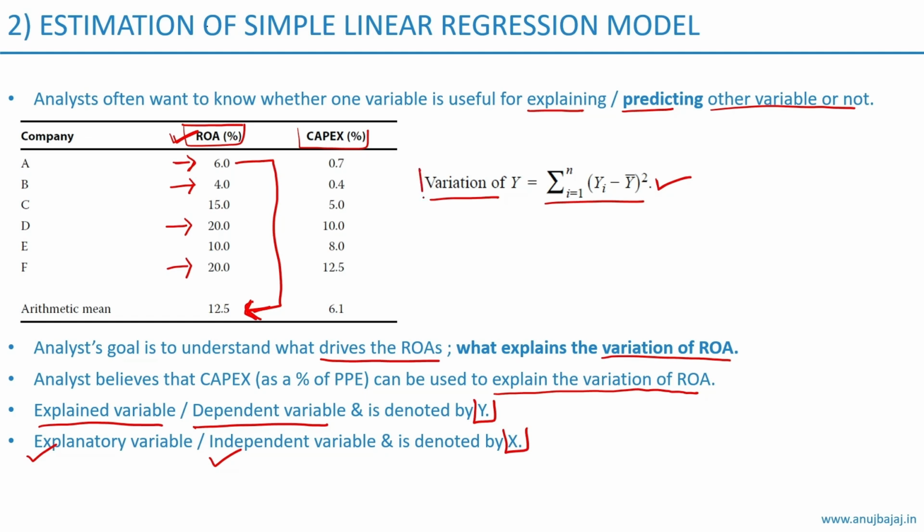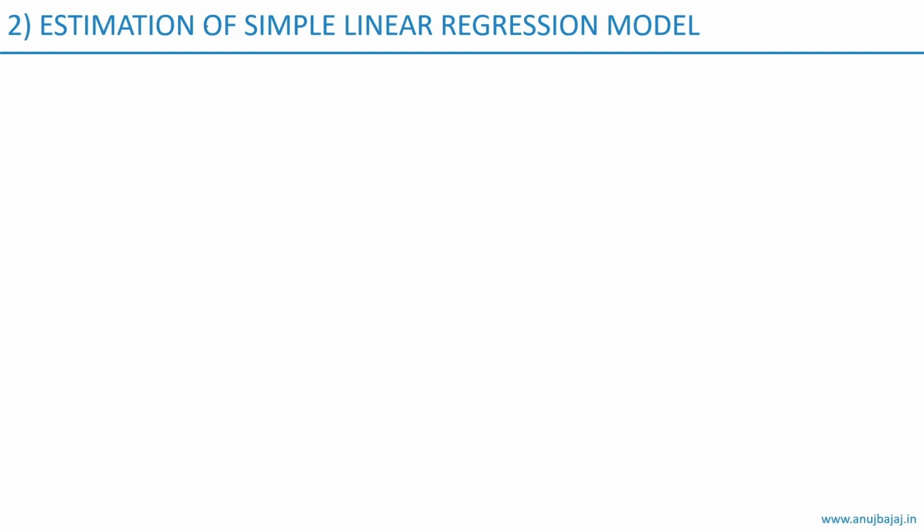And the variation of the dependent variable that we are trying to explain is referred to as the sum of squares total. Sometimes it is also referred to as the total sum of squares. So the linear regression method is most often used for explaining the variation of the dependent variable.